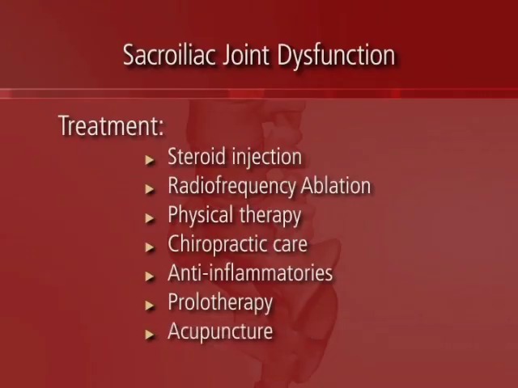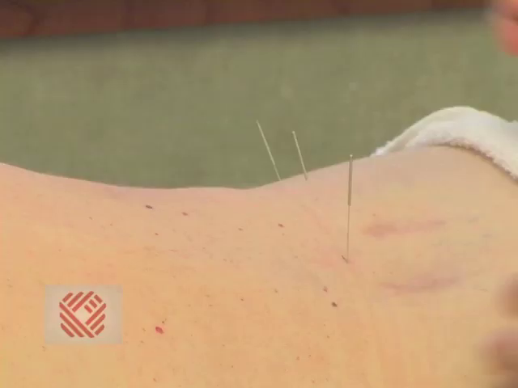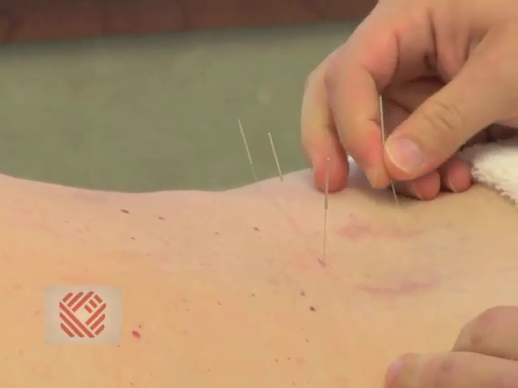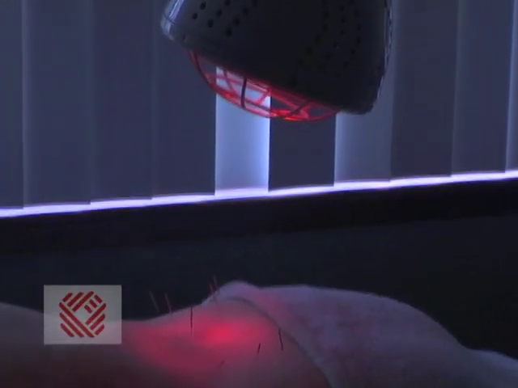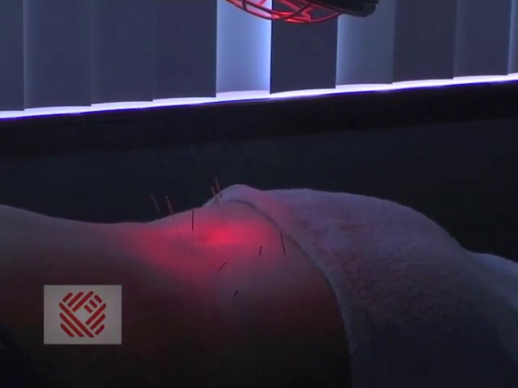In patients whom the ligaments are too loose around the sacroiliac joint, injecting a sugar water solution into the ligaments can cause some inflammation and tightening of the ligaments and stabilize the joint. Another treatment that we offer is traditional Chinese medicine with acupuncture, as this can very much affect local pain in this region as you address the energy imbalance in channels in the low back and pelvic region.